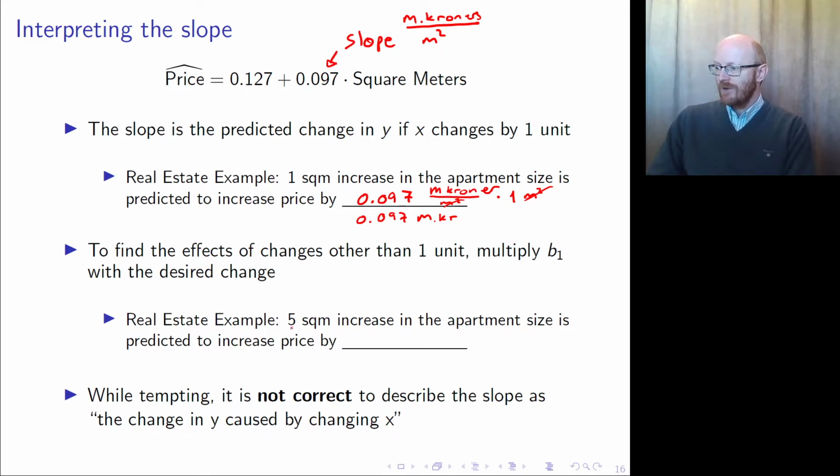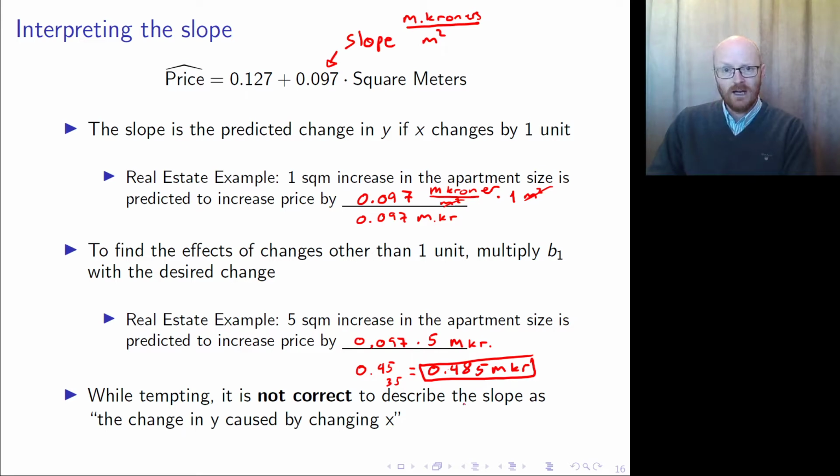So for example, a 5 square meter increase in the apartment size, then we take 0.097 times 5 as measured in million kroners, should be equal to, let's see, 4, 5, 3, 5 equals 0.485 million kroners, right?